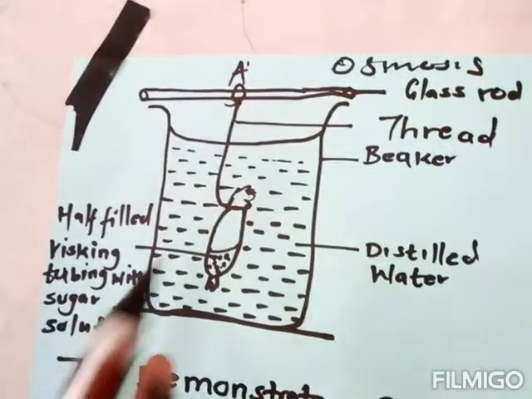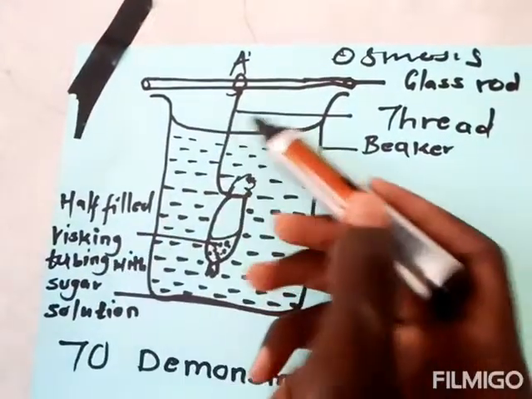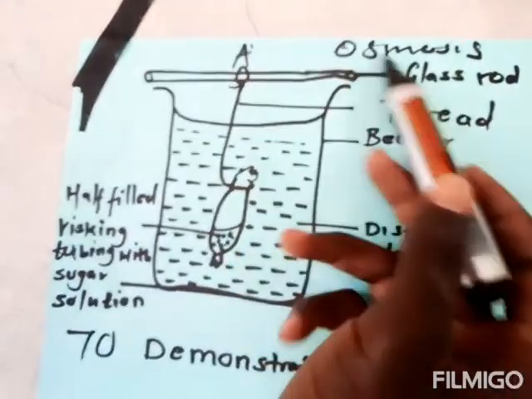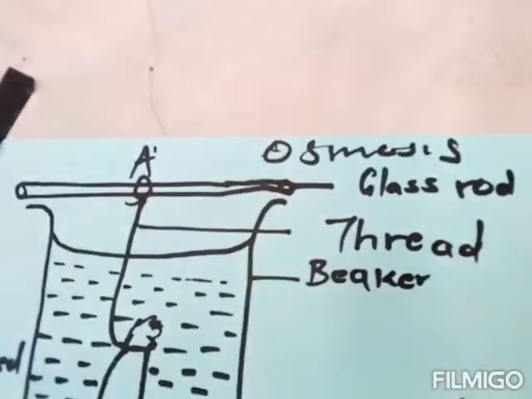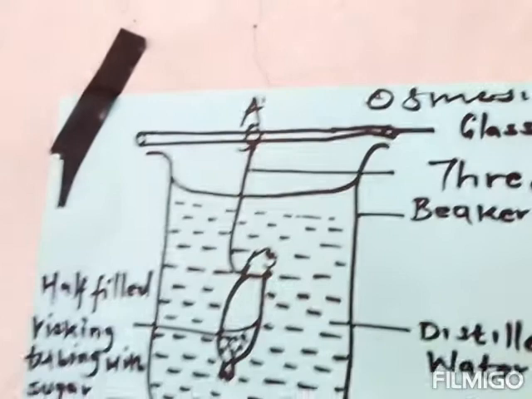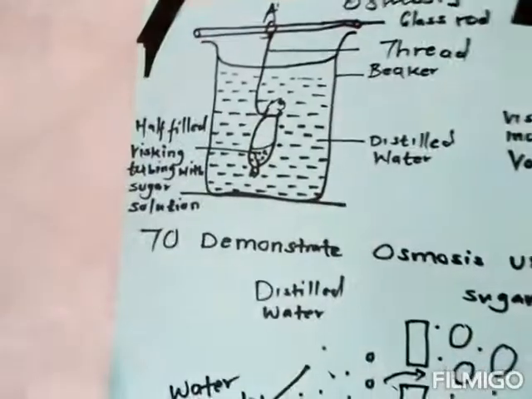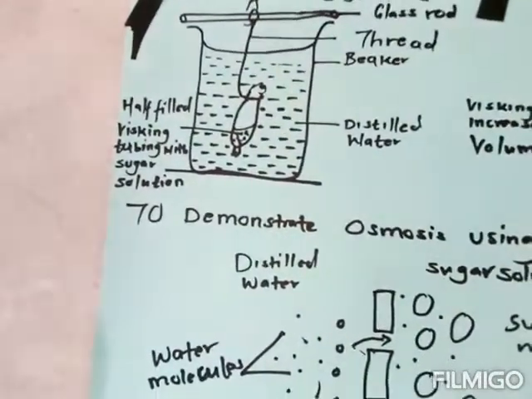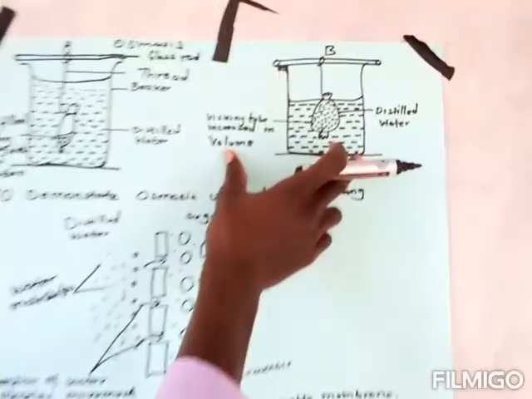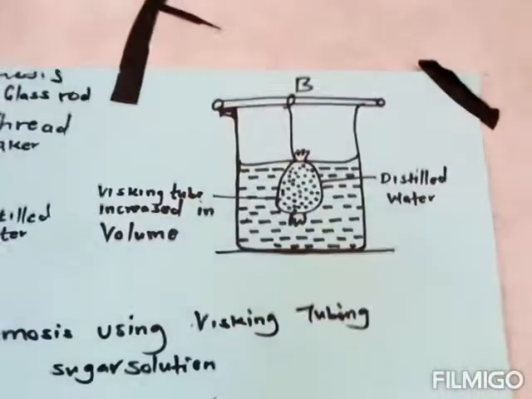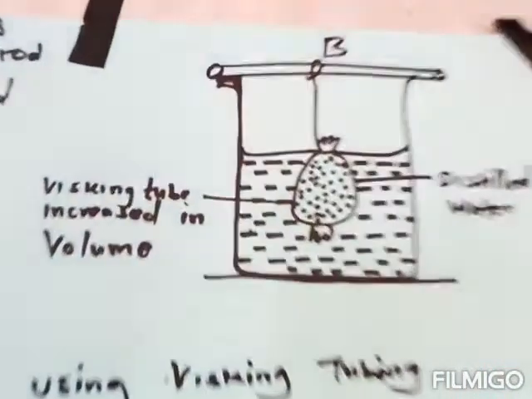So make sure you support it to the glass rod by the piece of thread that you have. Then after that, you leave it for about 30 minutes, then you record your observation. Now, this is what you will get at the end of the experiment.